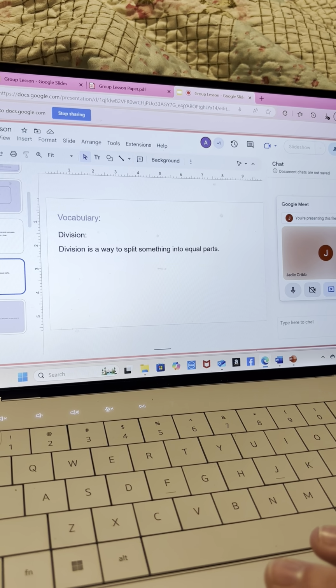Rico, can you start by skip counting by twos to 20? Yes. 2, 4, 6, 8, 10, 12, 14, 16, 18, 20. Good job.